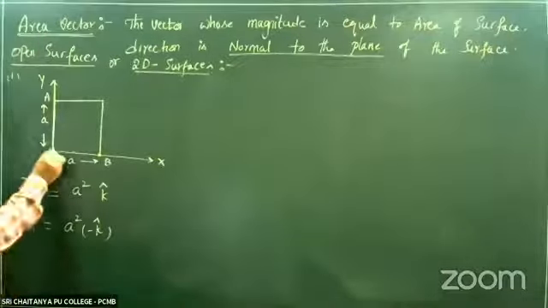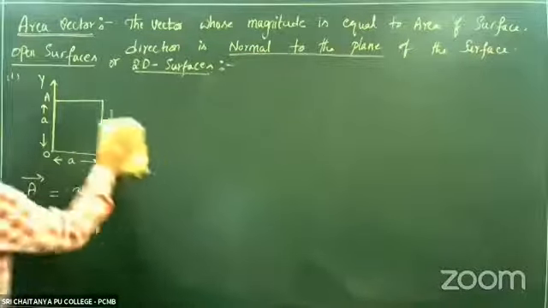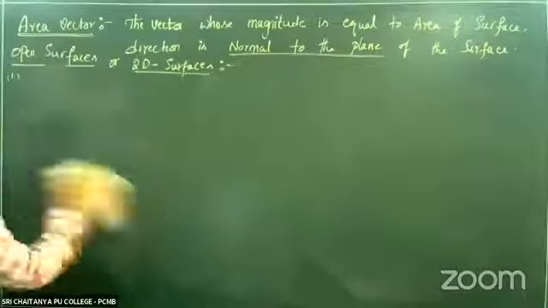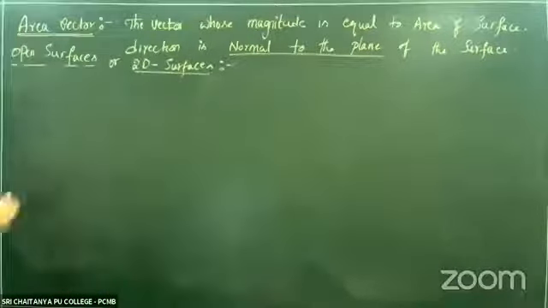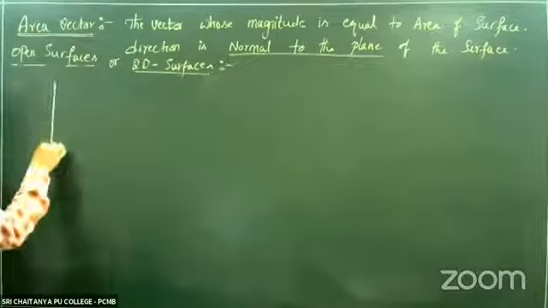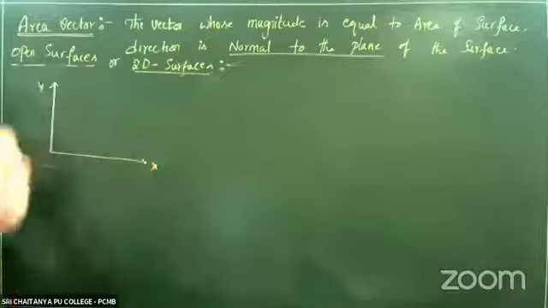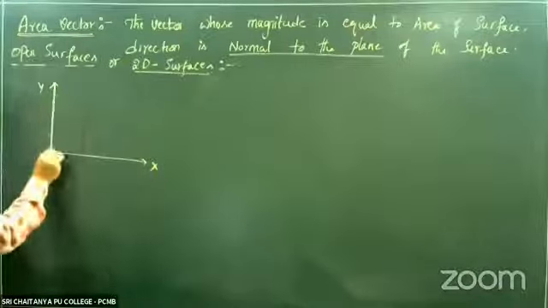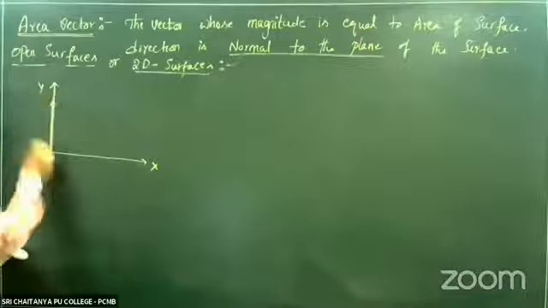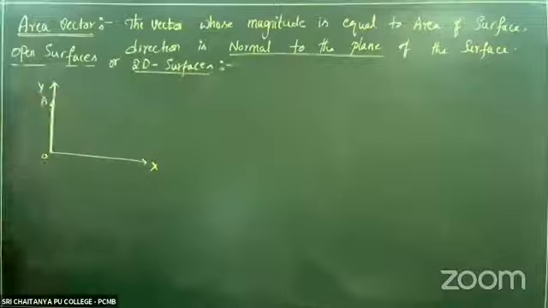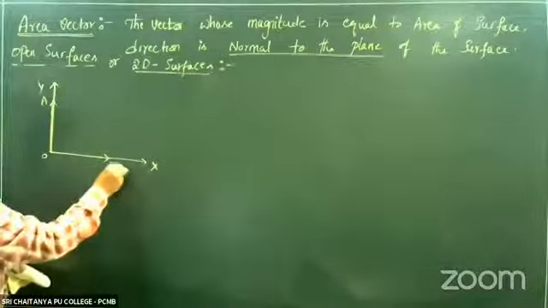What I gave here: let there be a vector along this direction OA, and another vector along this direction OB.